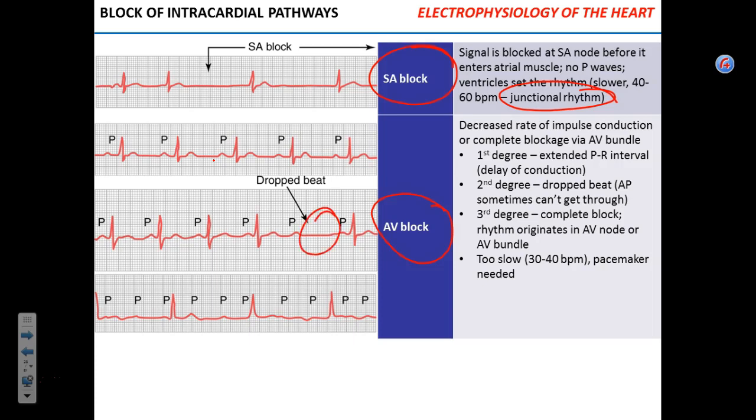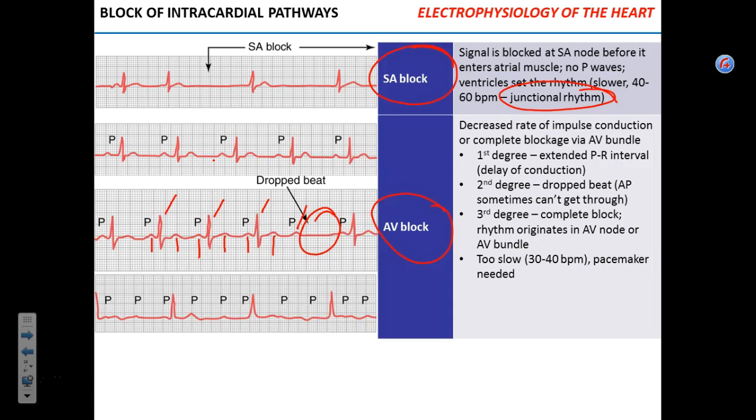So you have, look, P, QRS, T, P, QRS, T, P, QRS, T, P. Signal goes to the AV node, stopped. Okay? QRS and T don't exist. Beat drops. No ventricular depolarization, no ventricular contraction. That is what the beat is, right? That's what pushes the blood out.